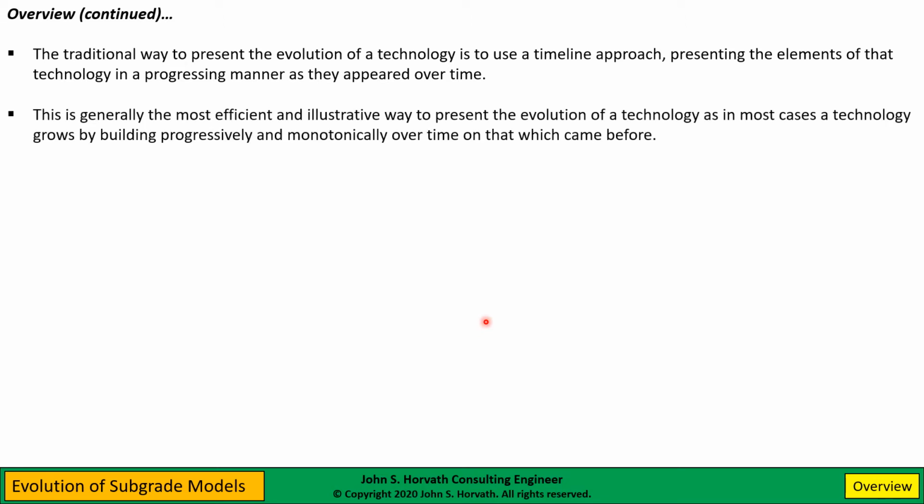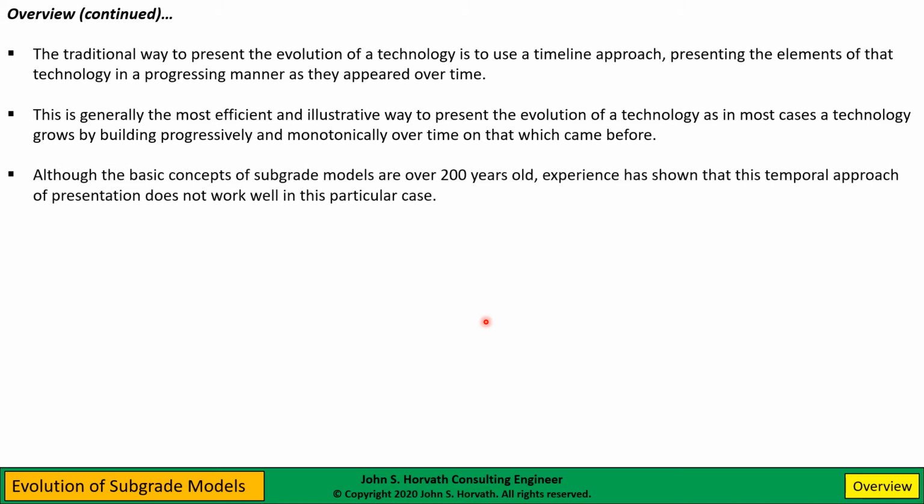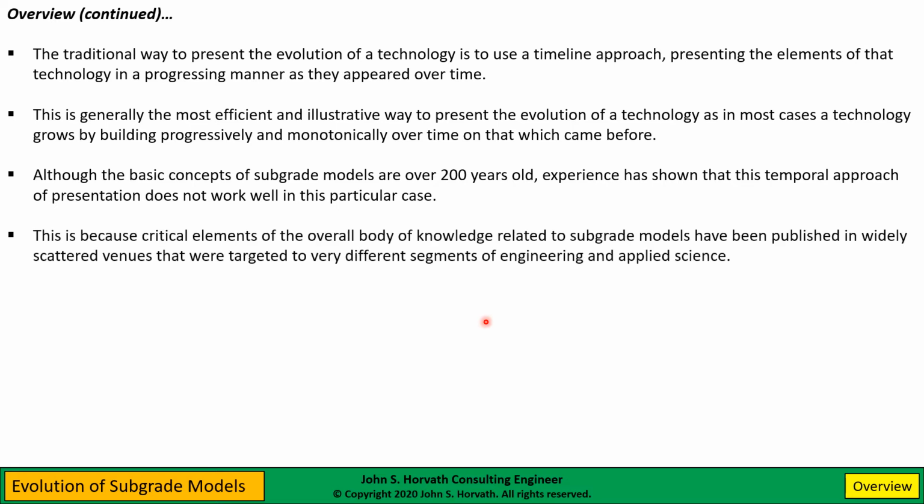And that's usually pretty successful, because most technologies tend to build on themselves as time progresses. Now, I've been dealing with subgrade modeling and models going back to the 1970s when I did my doctoral research, and I found that this temporal approach to presentation does not work well in this case.